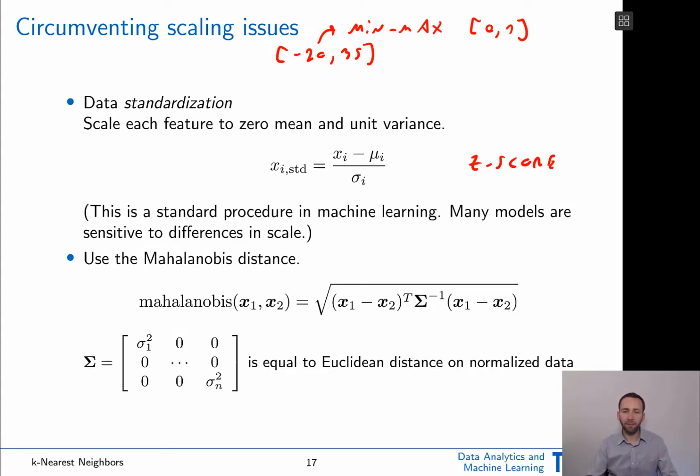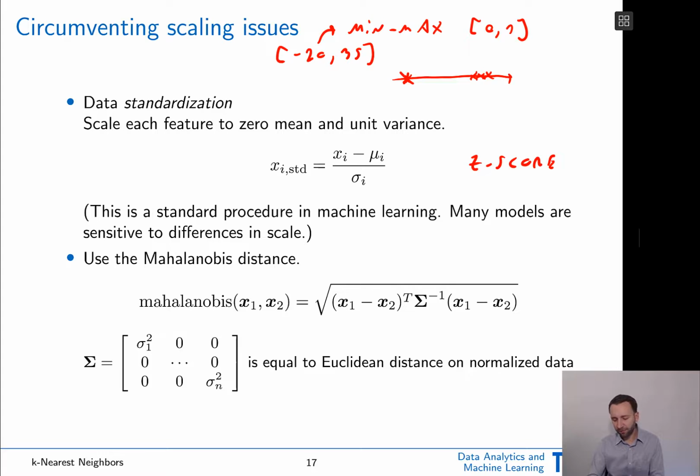It depends a bit on the application and the data which one makes more sense. In the min-max case, you have to be careful when you have outliers in the data. So let's say you have one sample at minus 20, but the rest of the samples are over here on the data axis. Then 0-1 normalization would say this becomes 0 and this becomes 1, even though this is just some outlier.